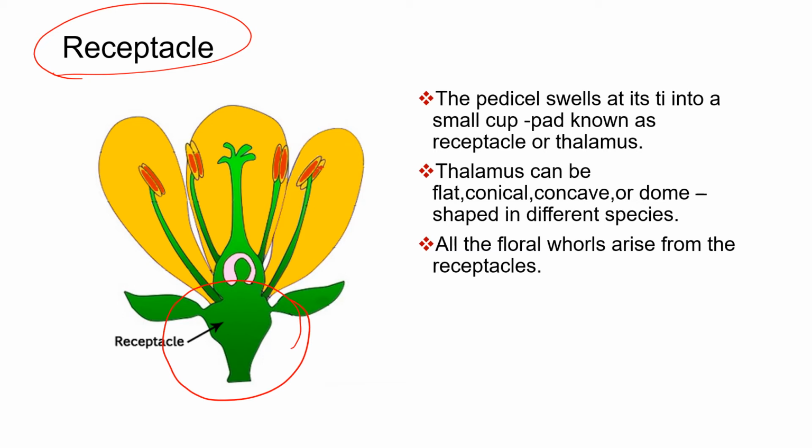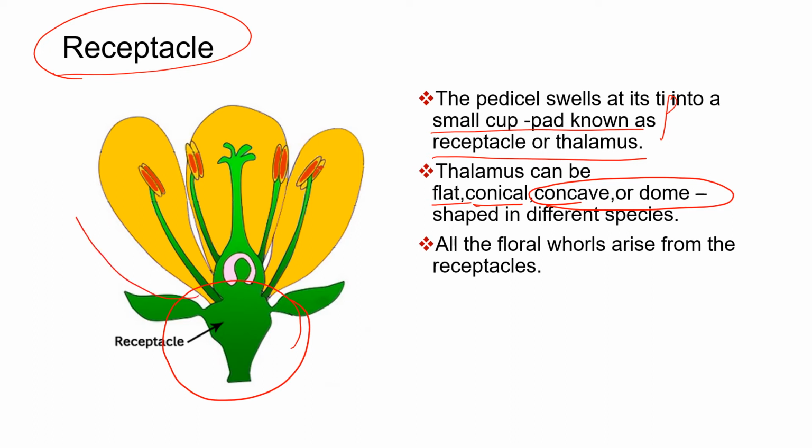The pedicel is swelling at the tip into a small cup-like structure which is called the receptacle or the thalamus. The thalamus has different shapes. It is either flat, conical, concave, or dome shaped, depending on the species. Now all the floral whorls arise from the receptacle.